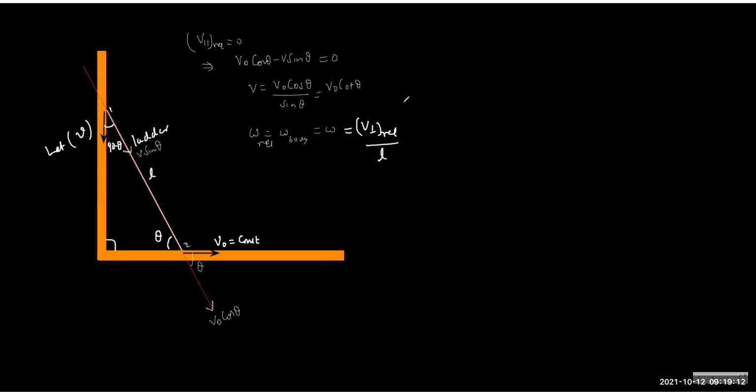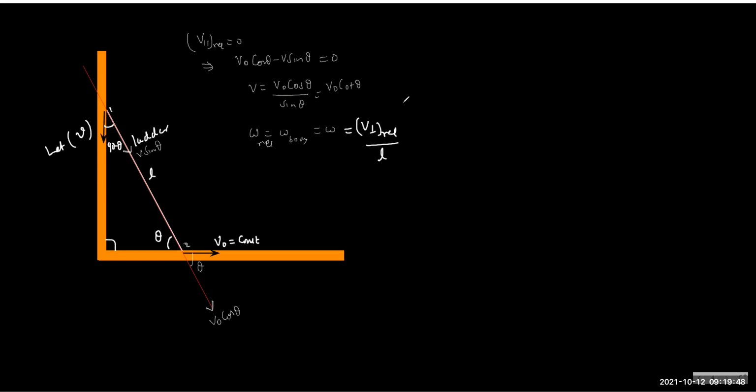So I got the answer. Tell me. V naught into cos theta plus sin theta, the whole divided by L. So you're saying that V naught cos theta into cos theta, plus V naught sin theta.